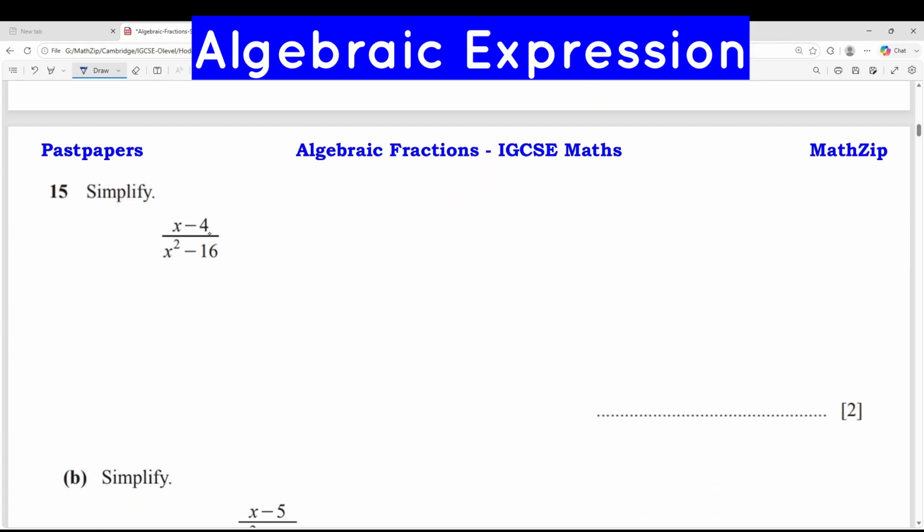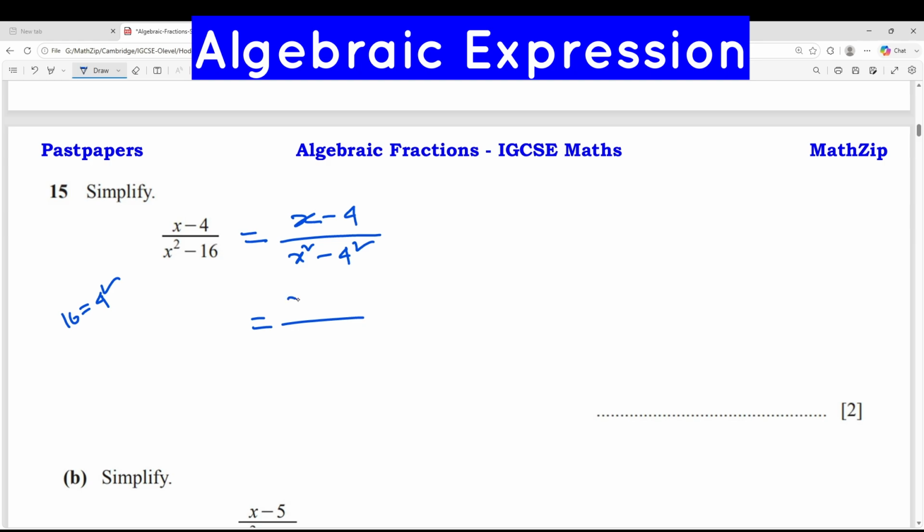Simplify (x − 4)/(x² − 16). So this one x − 4 will be unchanged and x² − 16 we can write, 16 can be written 4². So it will be x² − 4².